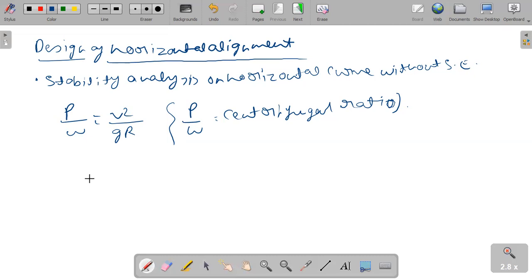Our next condition for design of horizontal alignment is stability condition against overturning.